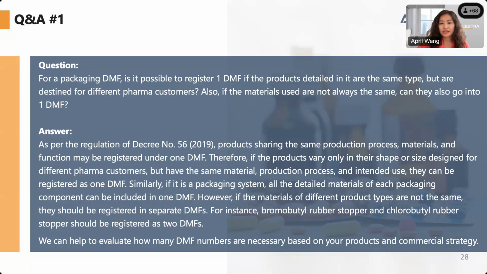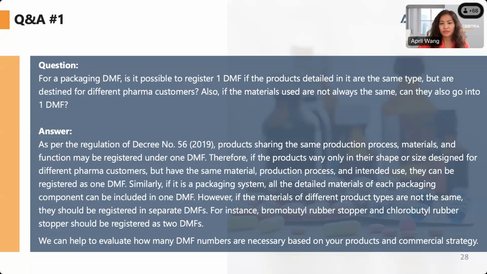For instance, bromobutyl rubber stopper and chlorobutyl rubber stopper should be registered as 2 DMFs. So here they are the same packaging, rubber stopper, but with different raw materials.